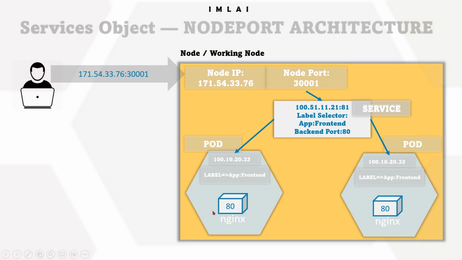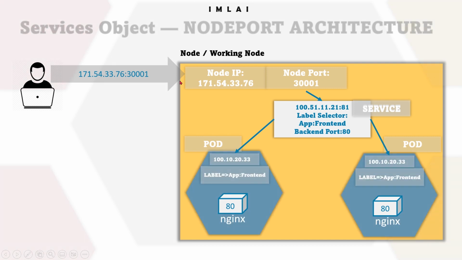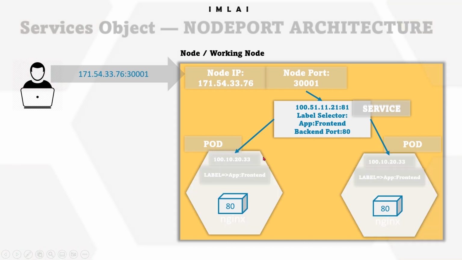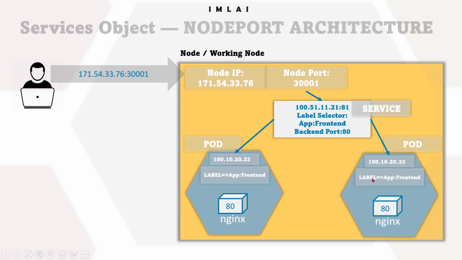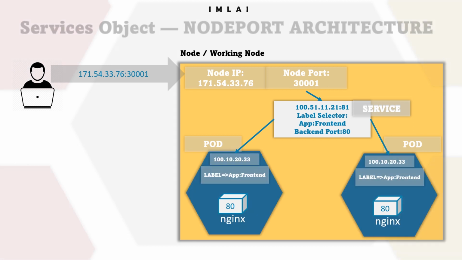Sorry, this is our node. That means one EC2 instance. Inside that, two pods are running. Pod 1 and pod 2 are running. So you have two pods running over here.